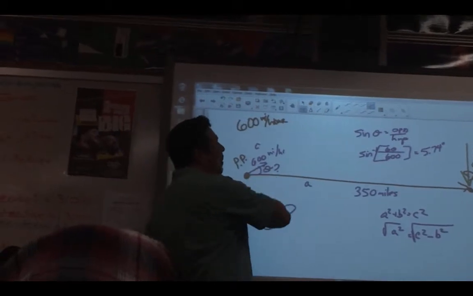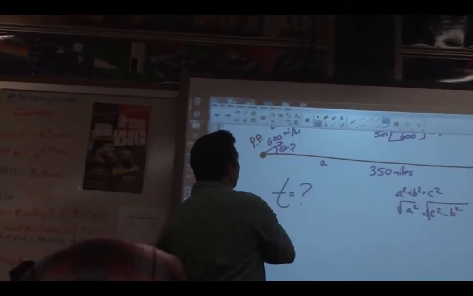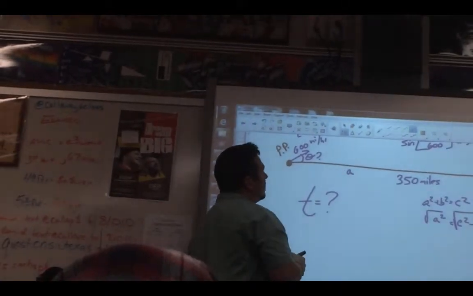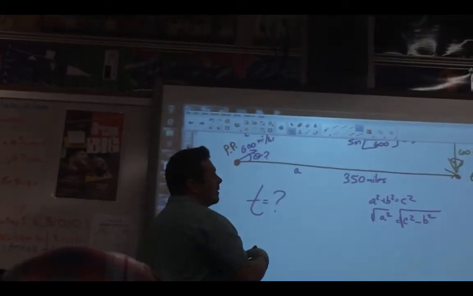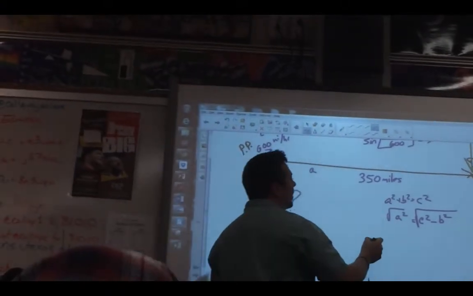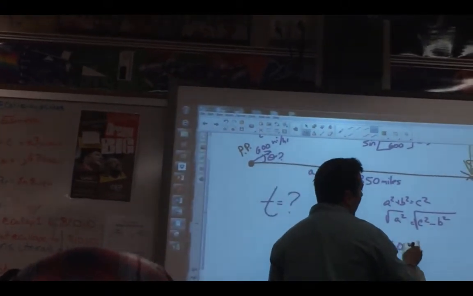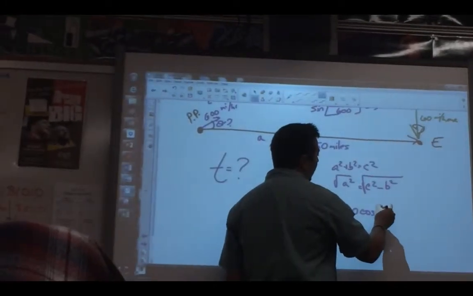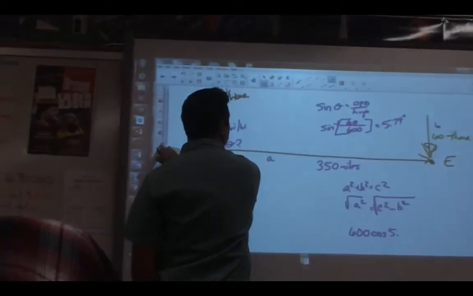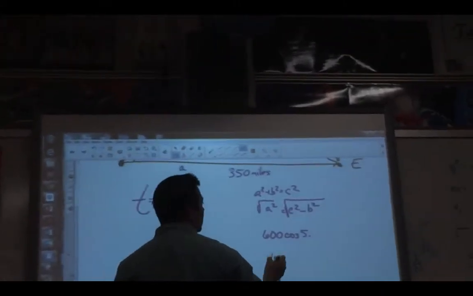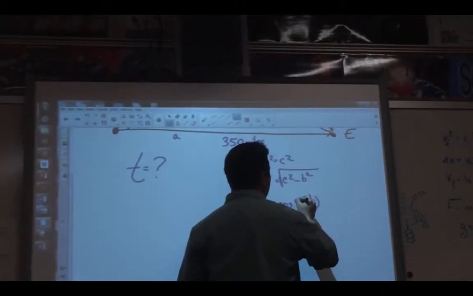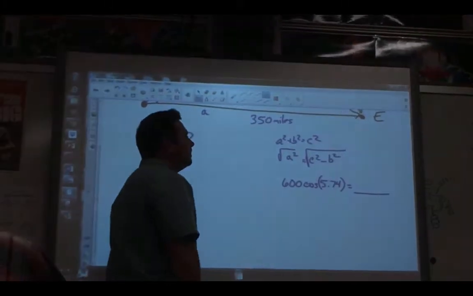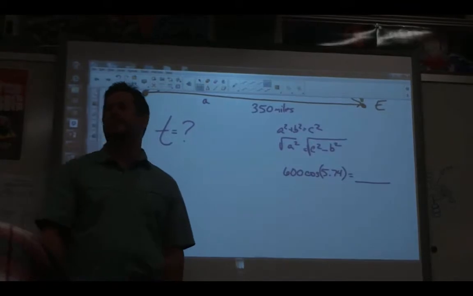I have an angle and a hypotenuse. What side is this? Adjacent. What can I use for that adjacent side with an angle and a hypotenuse? Cosine. I could say the hypotenuse times cosine of the angle, 5.74, is equal to that speed, that adjacent side.